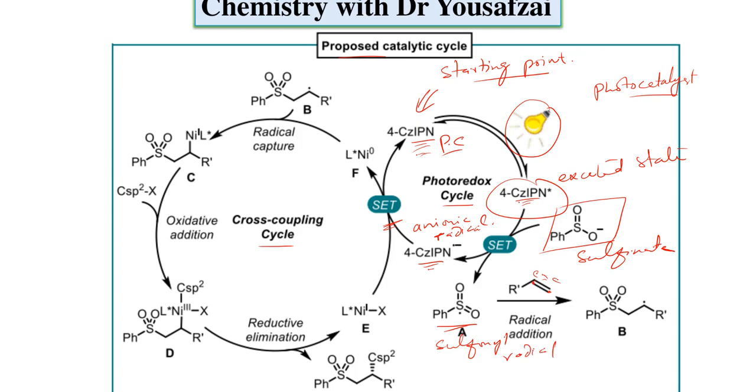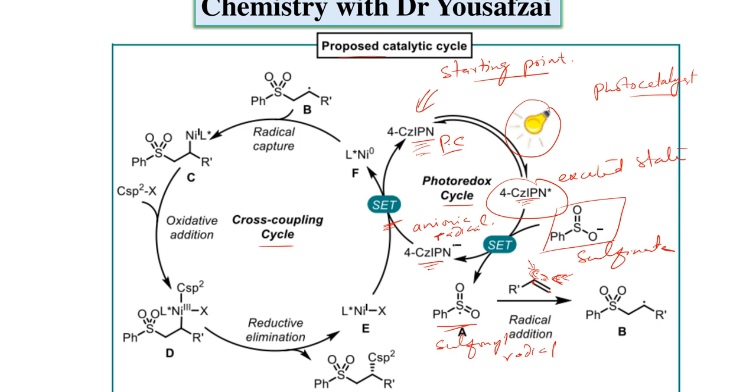When this sulfonyl radical is added across the carbon-carbon double bond or olefin, there are two carbon atoms. One is the internal carbon and this one is the terminal carbon. So the sulfonyl radical will be added either at the internal carbon or at the terminal carbon.